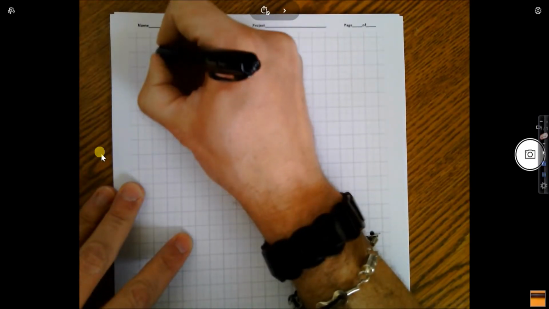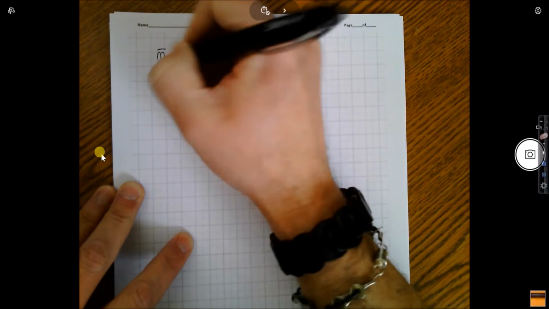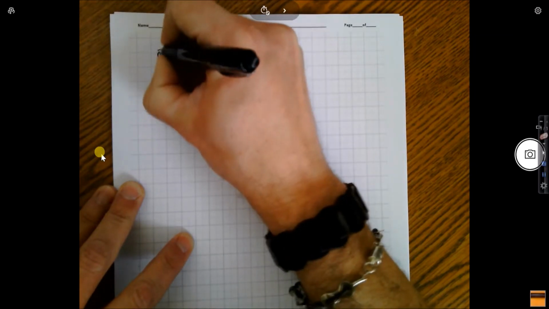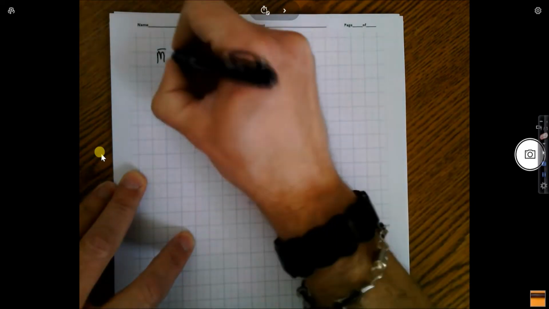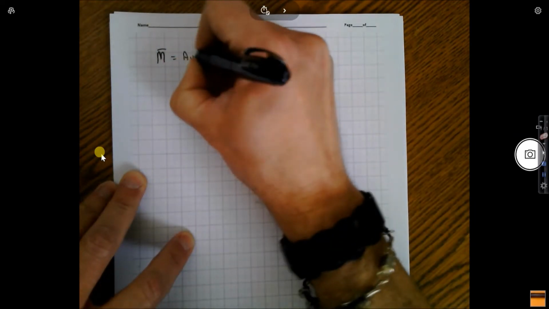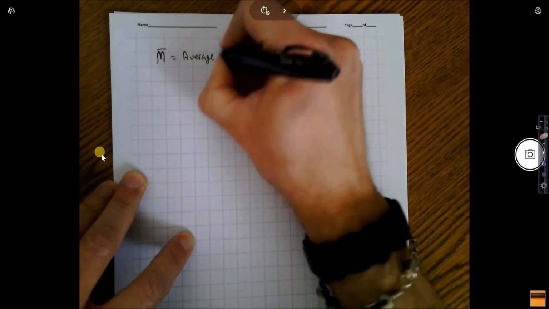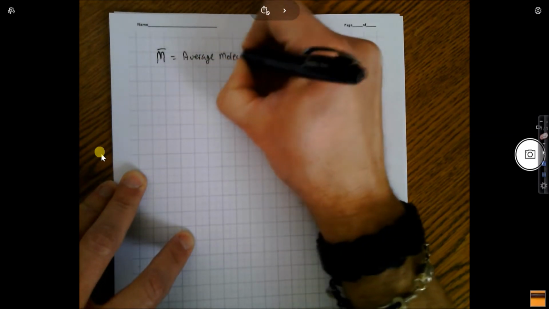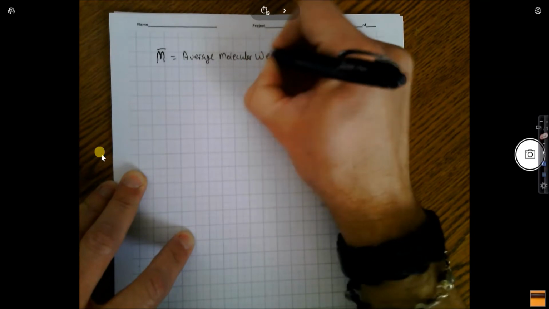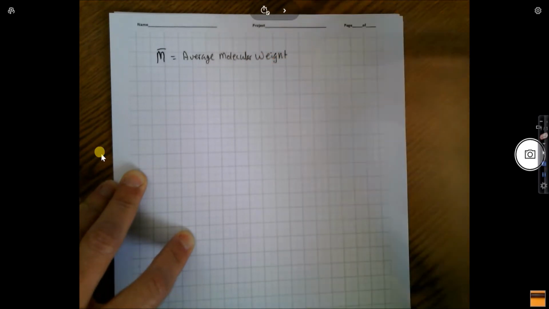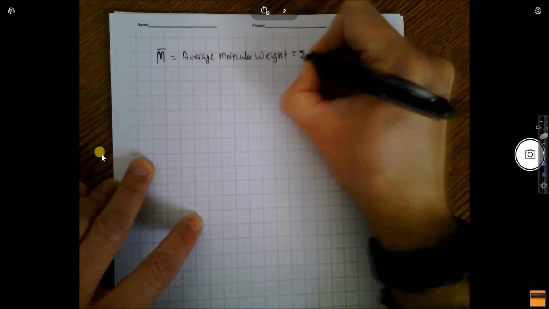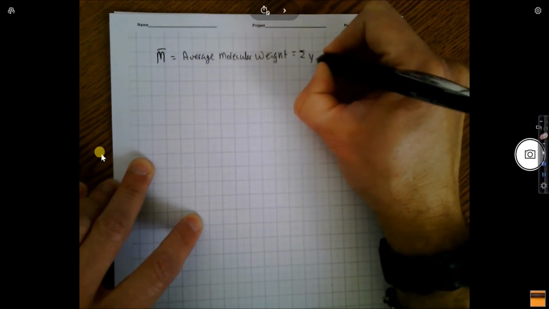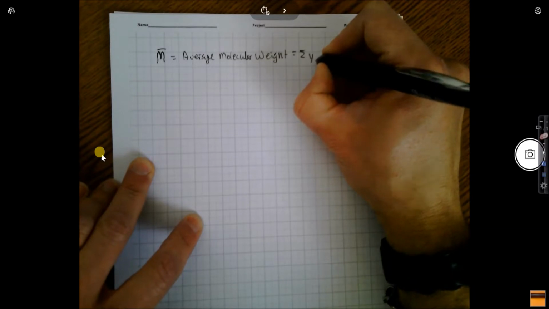Average molecular weight is denoted by the symbol M with a bar over it, and it should be a capital M. I didn't draw it too well, but M bar is average molecular weight, and that is the summation of the mole fraction of what you have.